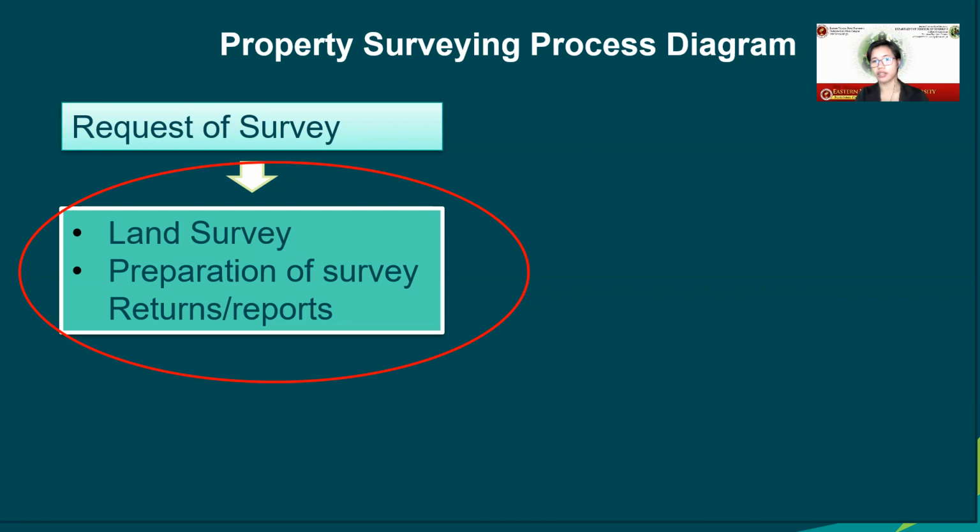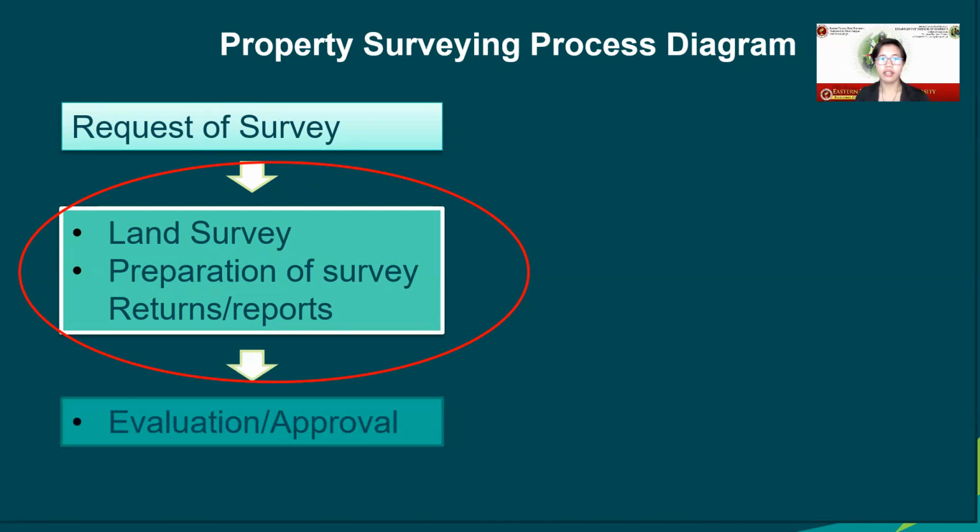And we're going to discuss these survey returns in the next topic. Okay? After your plans and map have been approved, then there is an evaluation and approval from the DENR. So madali lang. But in the real sense, yung property survey, marami siyang sub work na kailangan gawin.